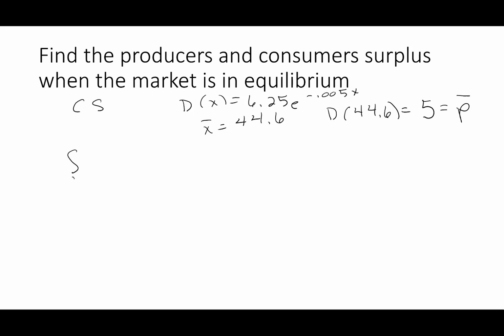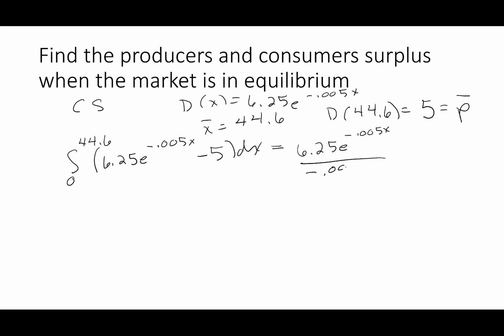So I'm going to integrate from 0 to 44.6. Remember, I'm going to start with the demand, which is 6.25 e to the negative 0.005x minus my price, which is 5 dx. When I integrate, I'm going to get 6.25 e to the negative 0.005x divided by negative 0.005.